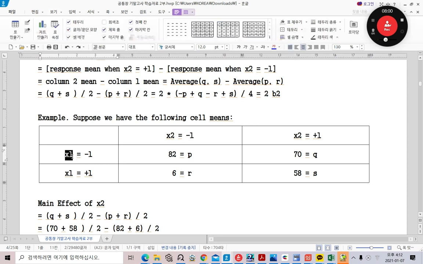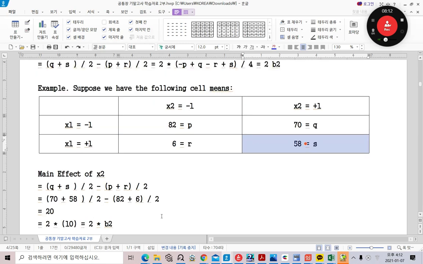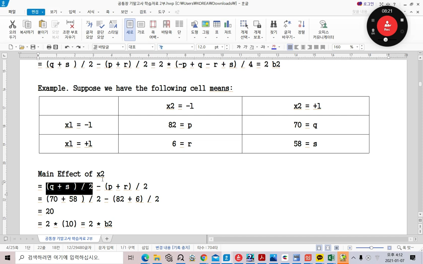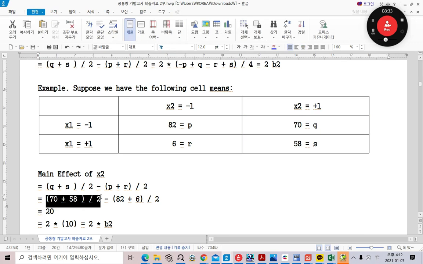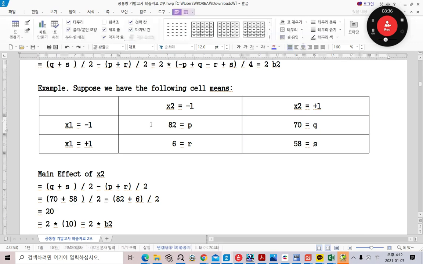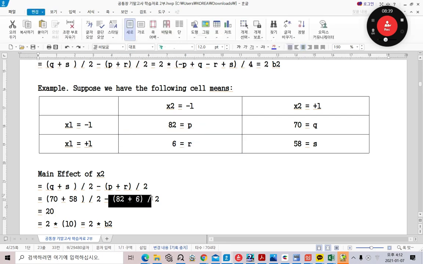X1 negative 1, X2 negative 1: 62, P; X1 positive 1, X2 negative 1: 60, R; X1 negative 1, X2 positive 1: 70, Q; X1 positive 1, X2 positive 1: 58, S. Okay, so the main effect of X2 equals Q plus S divided by 2 minus P plus R divided by 2, which equals 70 plus 58 divided by 2 minus 62 plus 6 divided by 2, which equals 20.